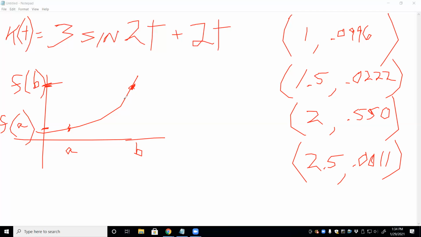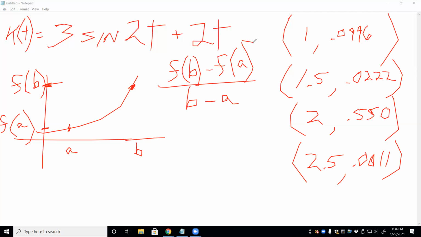So what they're really saying is f of b minus f of a over b minus a. This is the rise, and that's the run. So every one of these is just substitution.